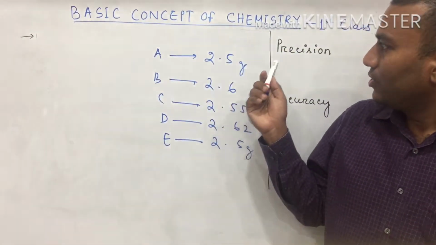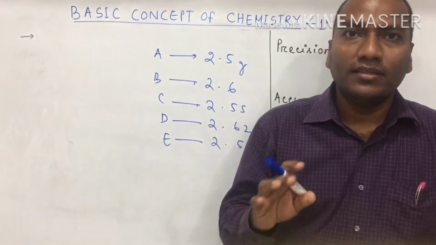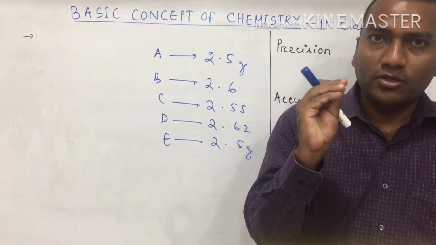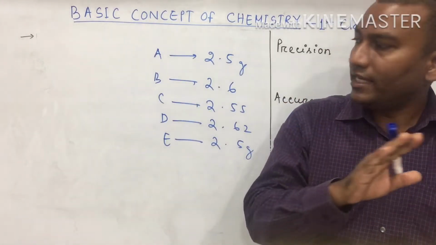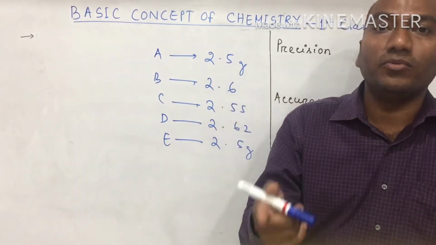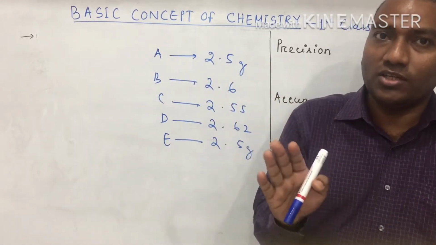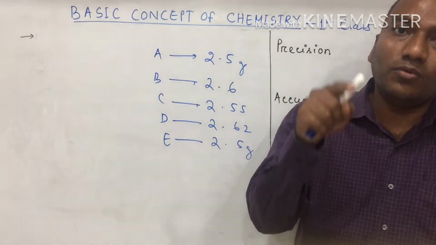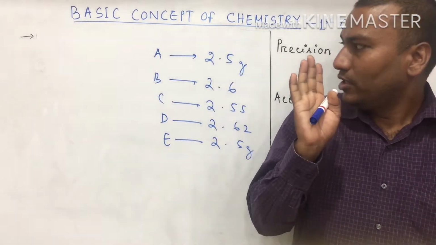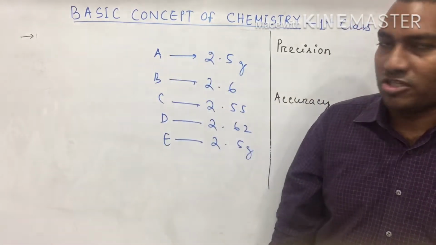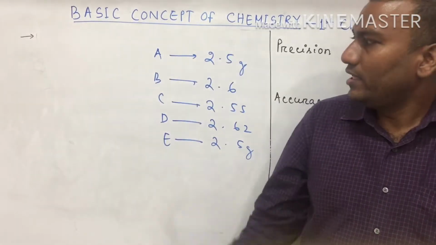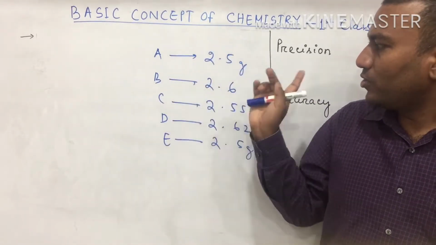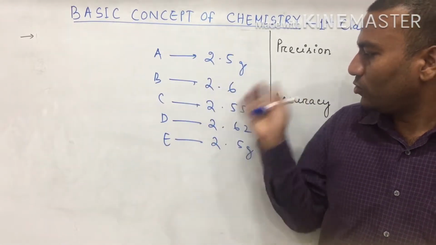So you see, when I give the sample to the 10 students and I do not tell them its weight, that means the 10 students do not know the weight of the given sample. After taking the measurements, we take 2.5, 2.6, 2.55, 2.62, 2.58.